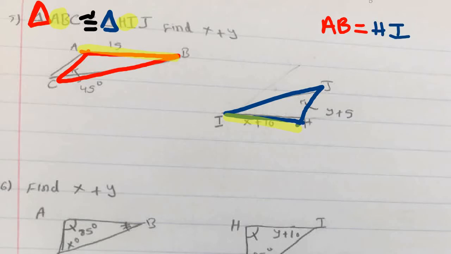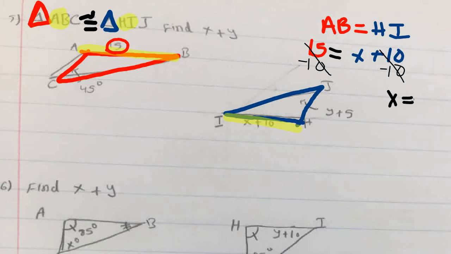And if that's the case, then this 15 is equal to this X plus 10. Then from here, it's a matter of simply solving for the X by itself, which in this case, X would equal 5. So the key to this is knowing that the triangles are congruent, which means equal measure.